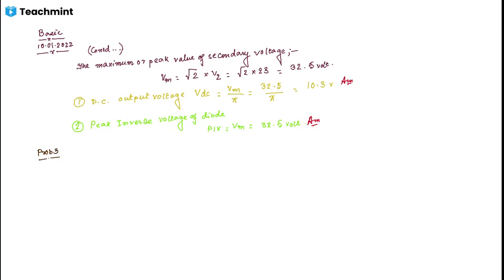Problem 3. Given the forward resistance RF of a diode is 20 ohm.